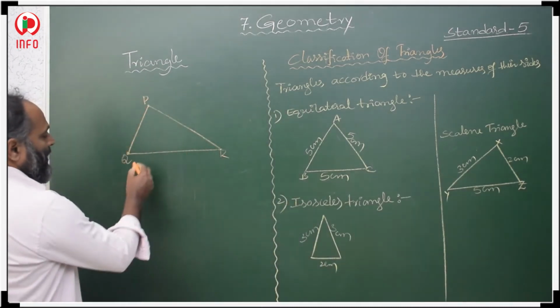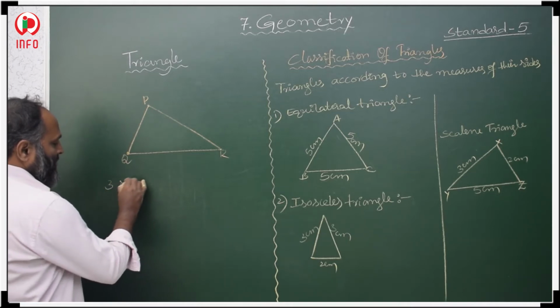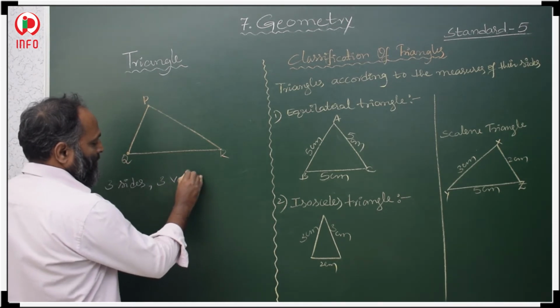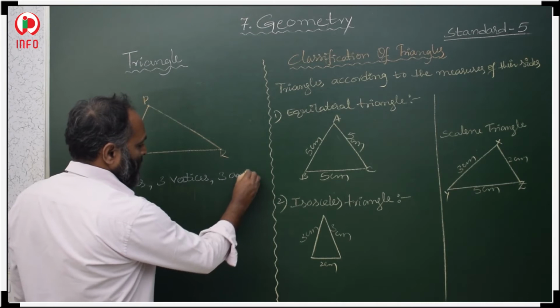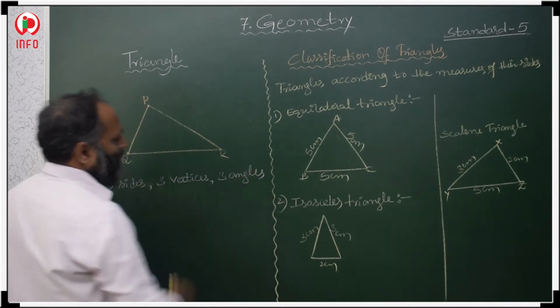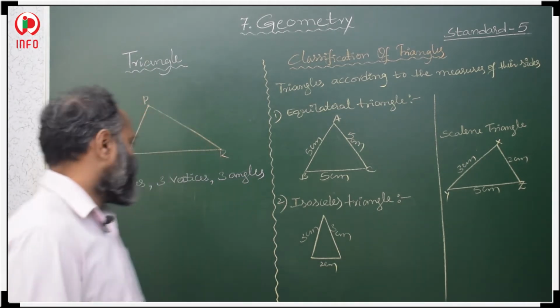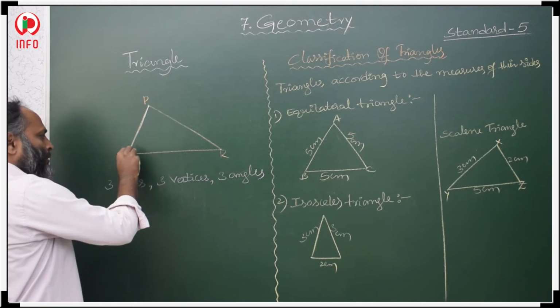So a triangle has 3 sides, 3 vertices, and 3 angles. What are the 3 sides? The first side is PQ.